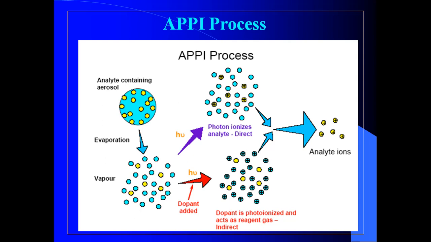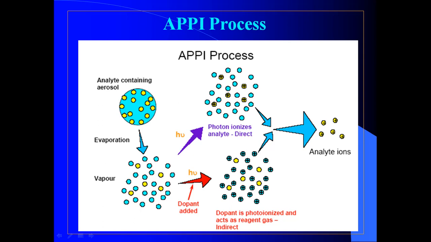This is the same diagram, a zoomed diagram of the droplets. What happens? The solvent and the analyte are in the droplet, and the heater facilitates evaporation and splits the solvent and analyte molecules. In direct ionization, the analyte molecule absorbs the photon and gets ionized.